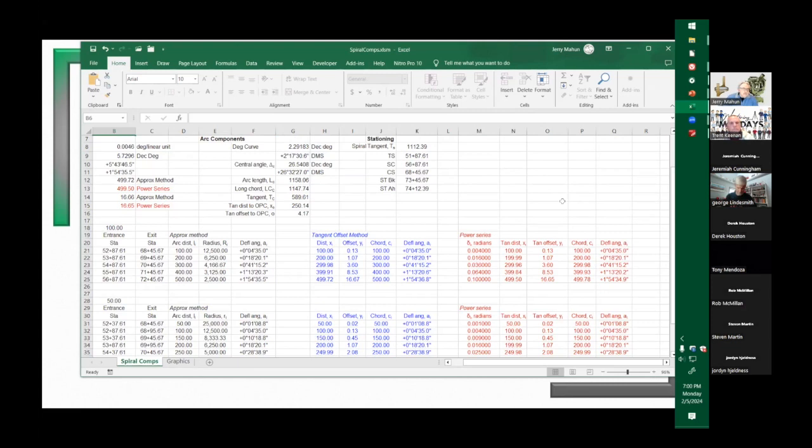Do you want to mention that? Yeah, the railroad spirals are based... George says that the railroad spirals are generally based on a 100-foot chord. That's correct. They use chord definition, as opposed to arc definitions like we're using in highway work.